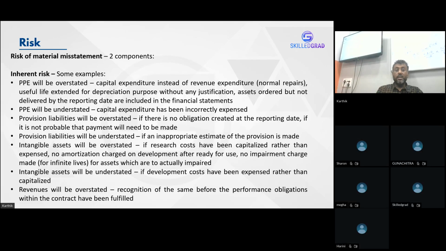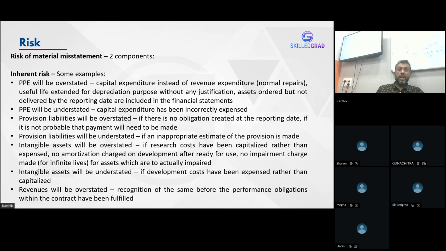Then intangible assets can be overstated. This is the most common thing. Why can intangible assets be overstated? A lot of people capitalize research costs. Research costs should always be expensed in P&L. R&D, research cost is always expense. But people capitalize it. Some people ascertain the life of the asset to be infinite. What is the difference between finite and infinite life? When an intangible asset has a finite life, we charge amortization. Amortization is similar to depreciation, based on the useful life of the asset.